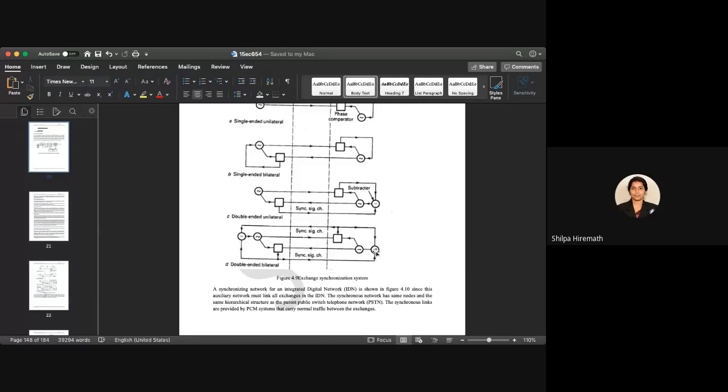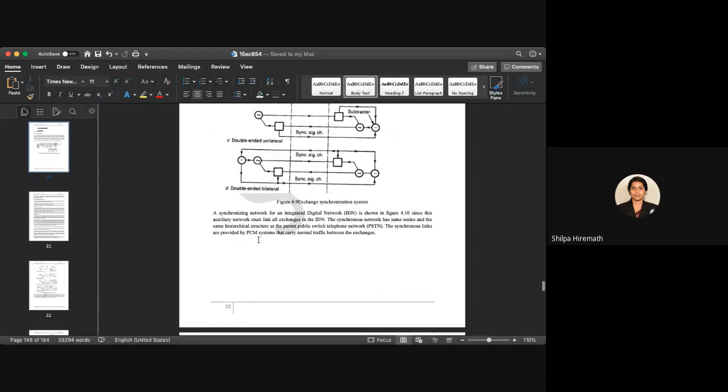Whatever is the operation at one exchange is the same across the other. That is, the output of both the phase comparators is given to the subtractor, and just put an arrow here. The output of this particular subtractor is given to a clock. Similarly, across here, the subtractor is getting the input from the phase comparators of both the exchanges, and the result is given to a clock. So this is with respect to the double-ended bilateral synchronization system.